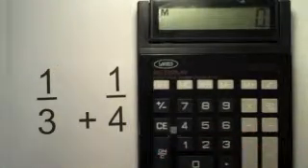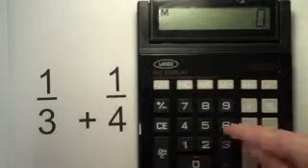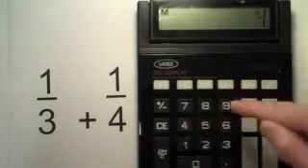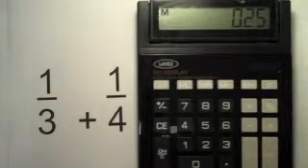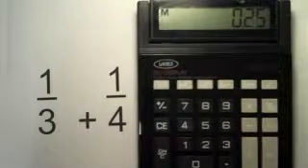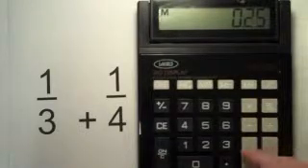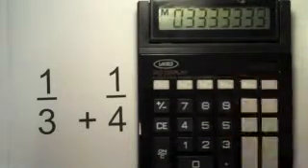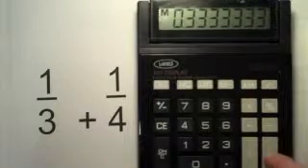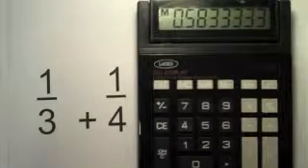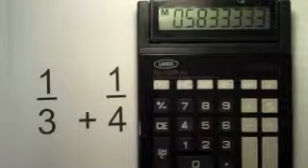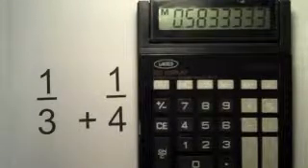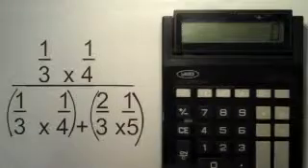And now we need to put in 1/4. 1 divided by 4, we hit the equal sign. So we have our 1/4, we need to add it to the 1/3. So we have plus, what we had in memory was our 1/3, equals, and we have our answer 0.583. Again, rounding off to the nearest 3 significant digits.